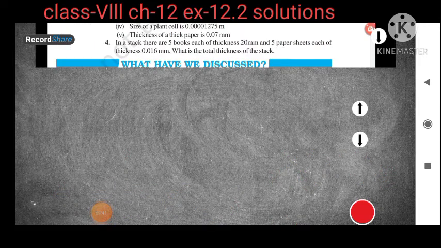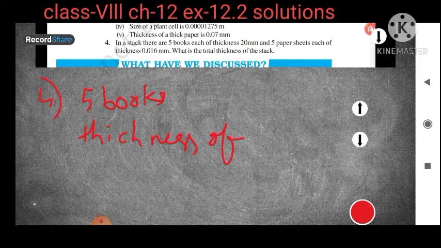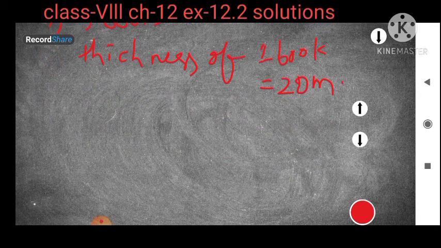Question number 5 is given. In a stack there are 5 books. Total how many books? 5 books. And the thickness of one book is given as 20 millimeter.